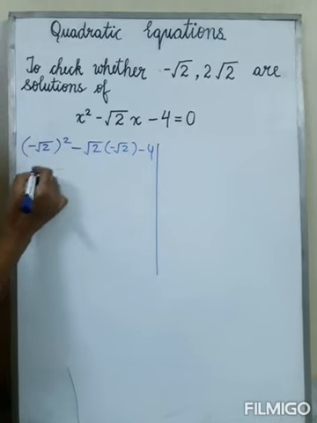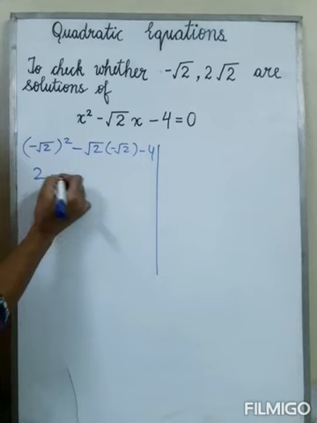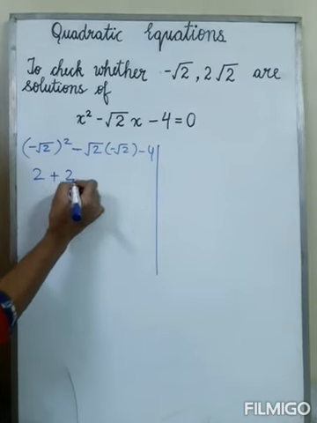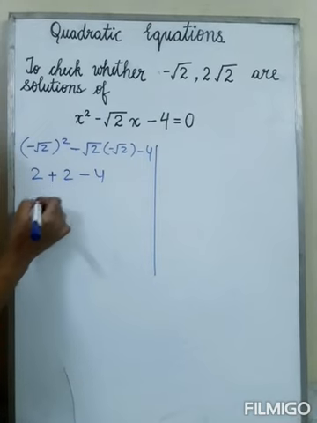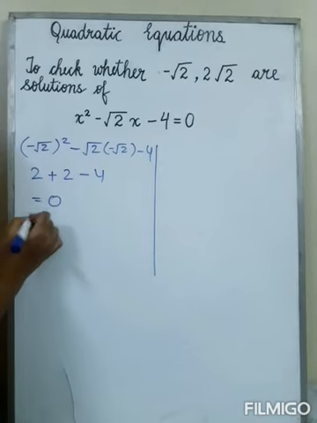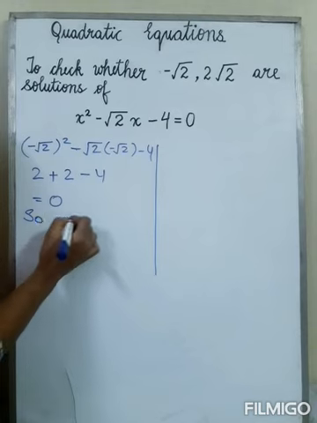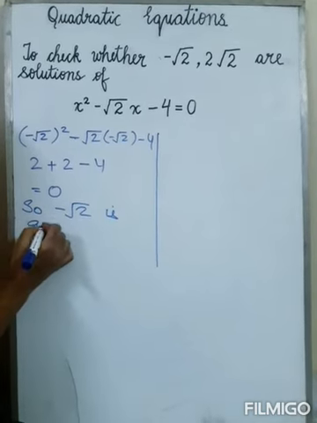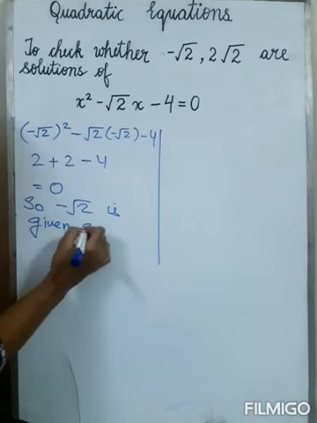Now minus root 2 square will be 2. Here minus minus will become plus. Root 2 into root 2 is 2, minus 4. Now this is equal to 0. So minus root 2 is a solution.